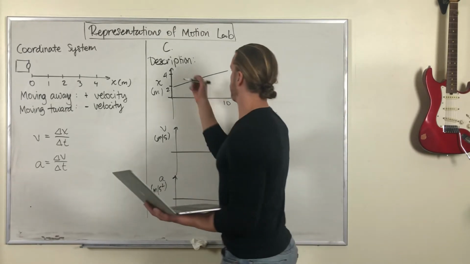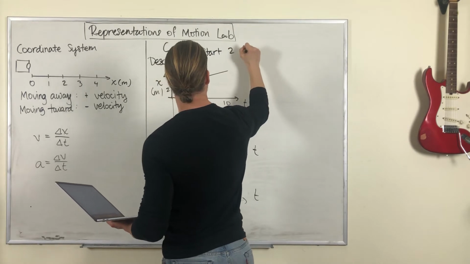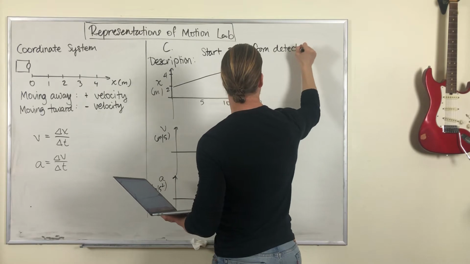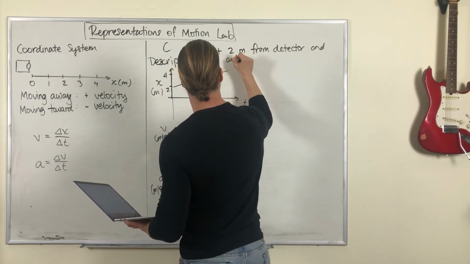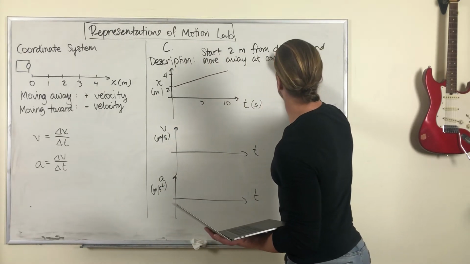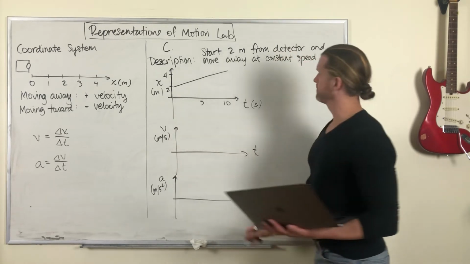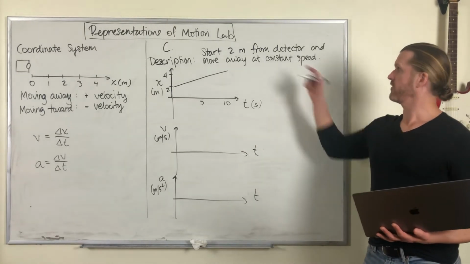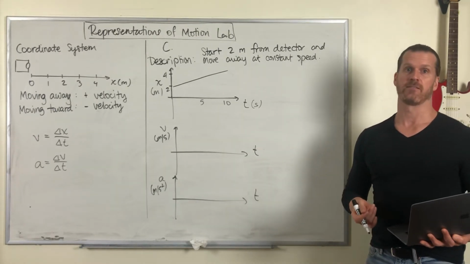So the description is start 2 meters from the detector and move away at a constant speed. So constant speed implies that your velocity versus time graph is a horizontal line.